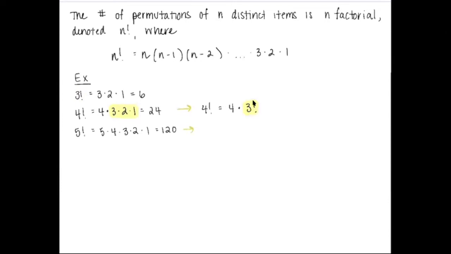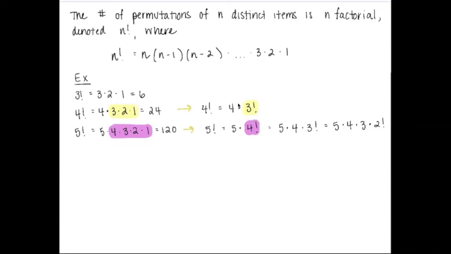You have 4 times 3 times 2 times 1. So 5 factorial, you can pick off the 5 and get 4 factorial. And then likewise, you can also pick off the 4 and get 3 factorial. You can pick off the 3 and get 2 factorial. So that's one of the really great things about factorials. Okay.